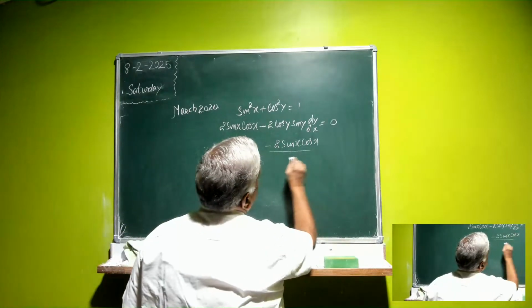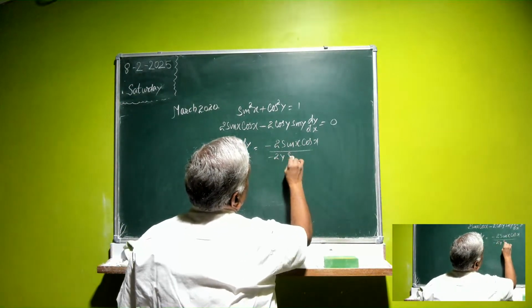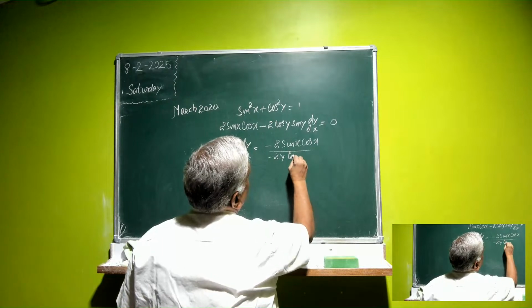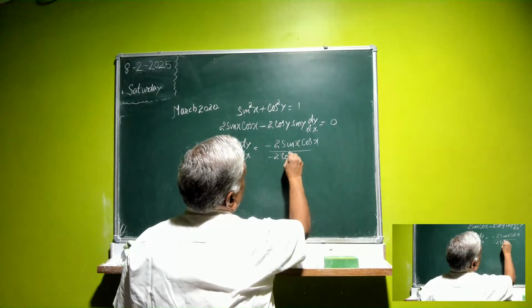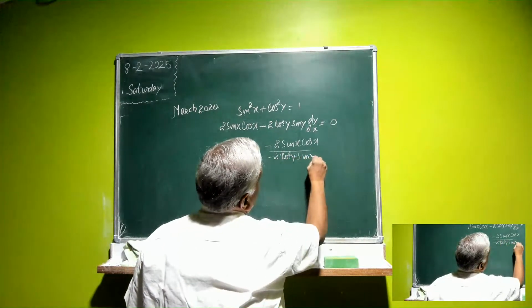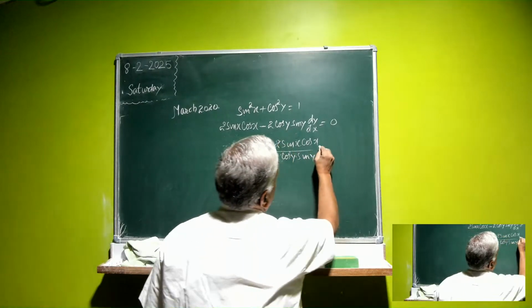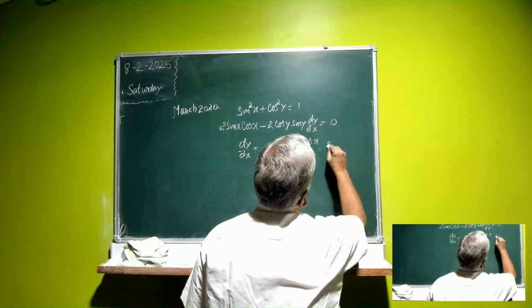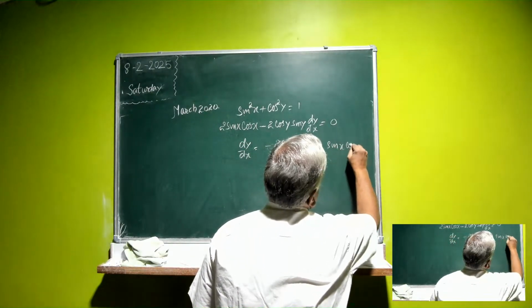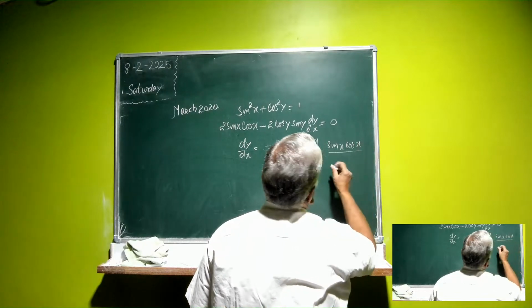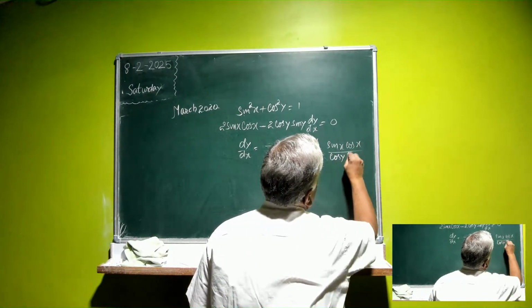This also goes to the denominator, minus 2y cos y, minus 2 cos y sin y. Minus and minus cancel. So the answer is sin x cos x divided by cos y sin y.